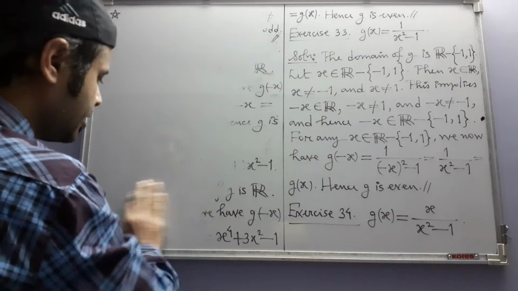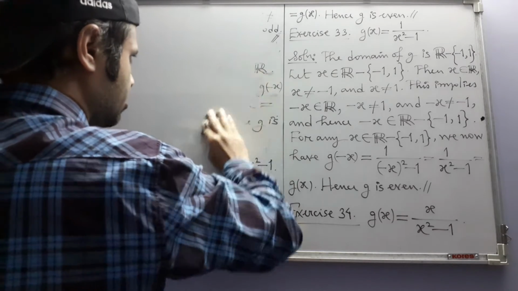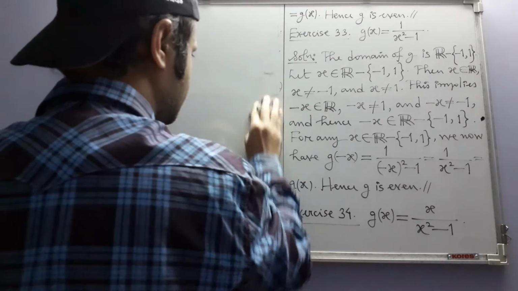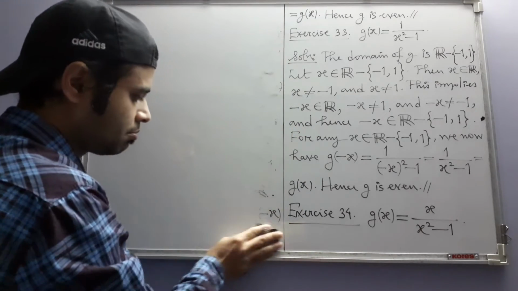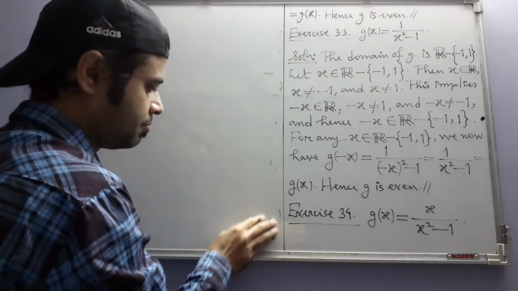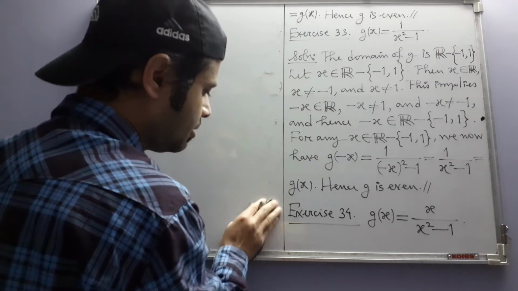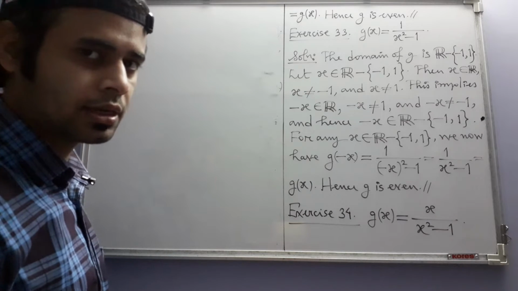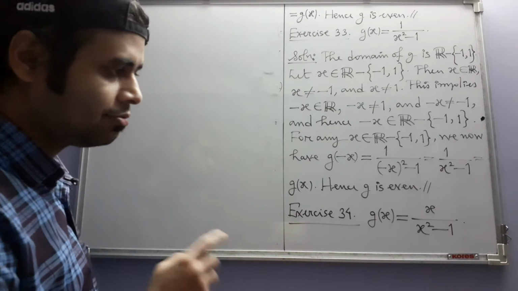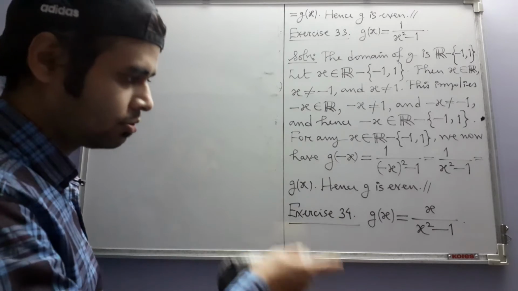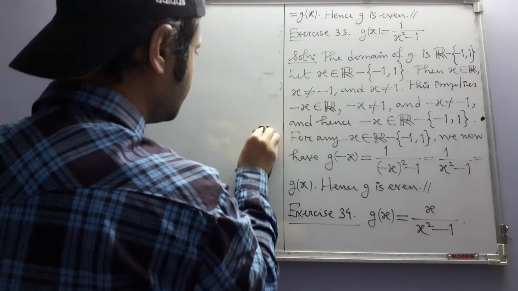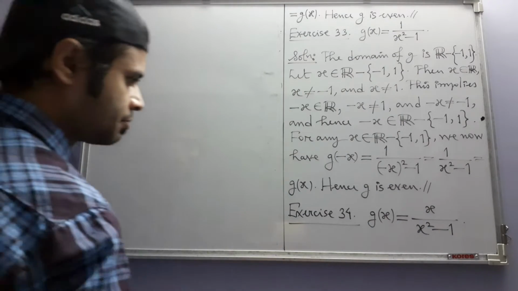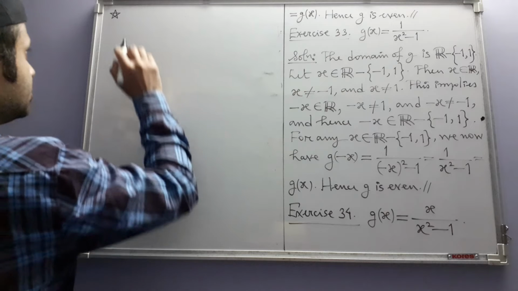That's why I said that your guess only works when the formula for the function is a polynomial. This is not a polynomial, it's a quotient of two polynomial expressions, x and x square minus 1. Individually they are polynomials, but the quotient is not a polynomial. Anyway, we will see.